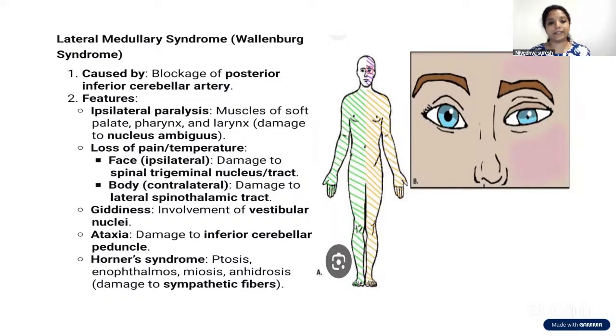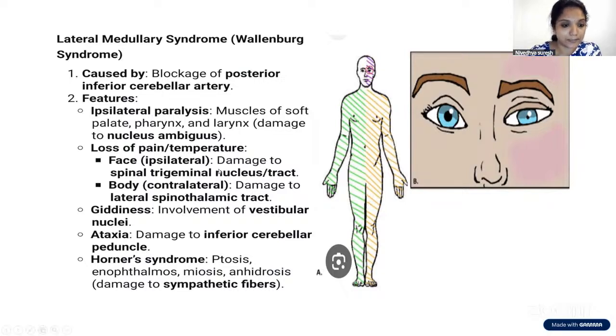And there will be Horner syndrome. Horner syndrome is characterized by ptosis, enophthalmos, miosis, and anhidrosis. That is due to the damage to the sympathetic fibers.